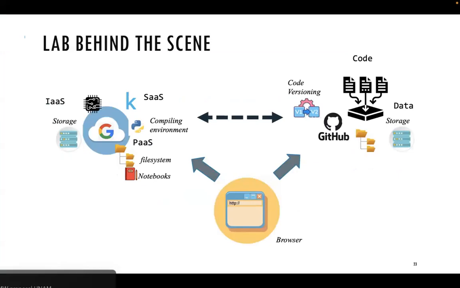Now, before I open the floor for questions, behind the scenes, this is something that I presented for the data lab, but I am reusing it so that everyone has in mind what we are going to do. Remember that I said that we are using two clouds, Google and Azure. In Azure, we are using a service called GitHub that allows us to version code.